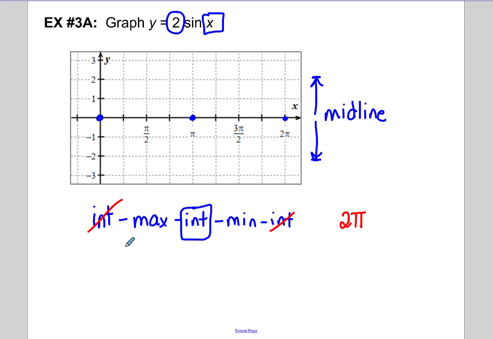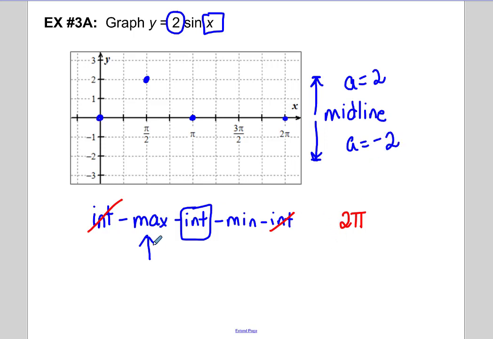And then halfway between the intercepts, we have a maximum. So halfway on this portion would be at pi over 2, and we have to stretch it by the a value, and the a value is 2. So we have to go amplitude up 2 and down 2.